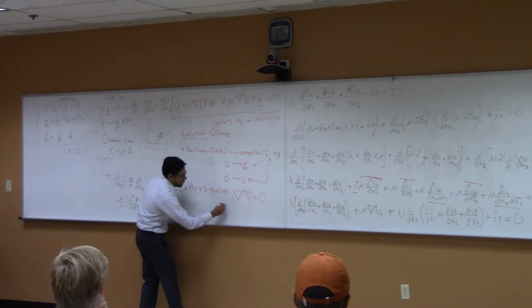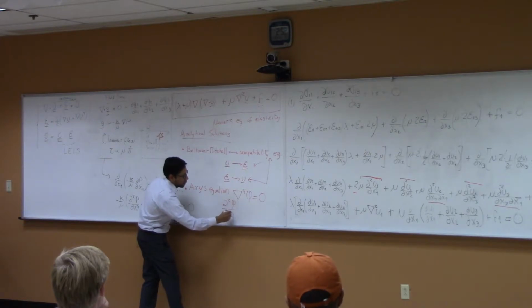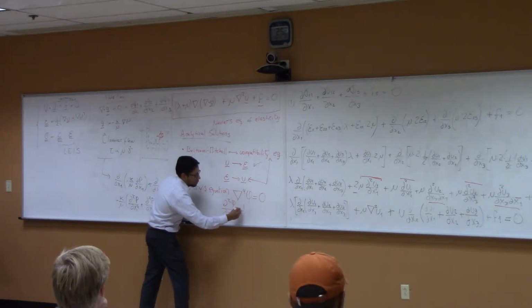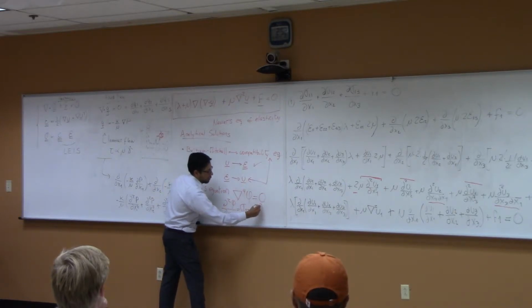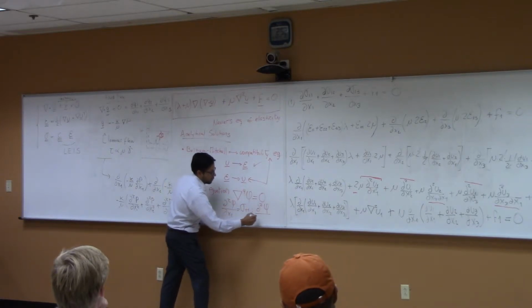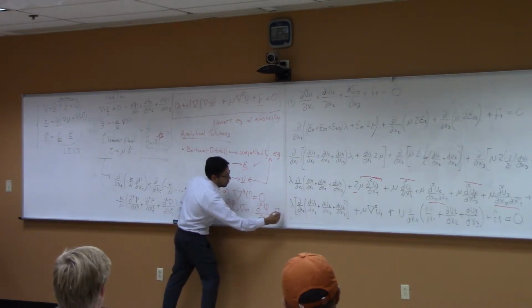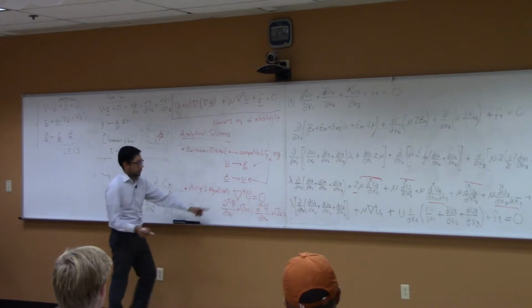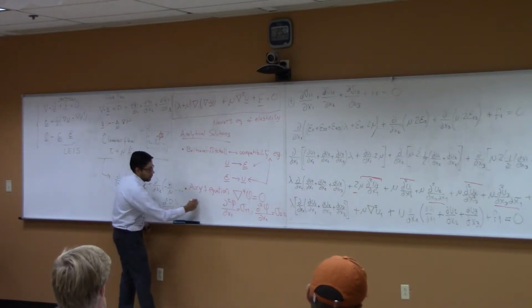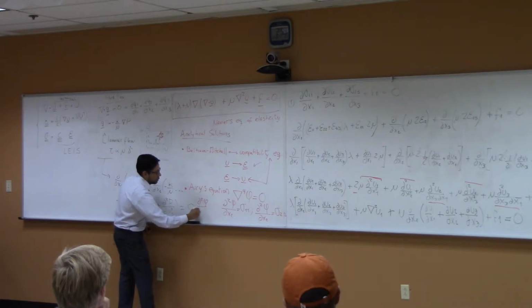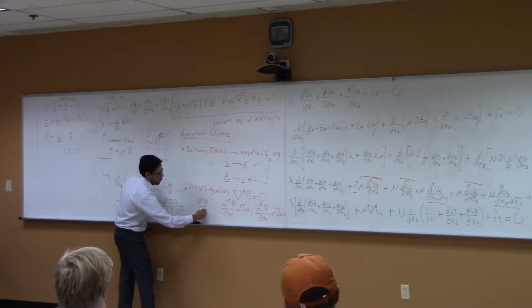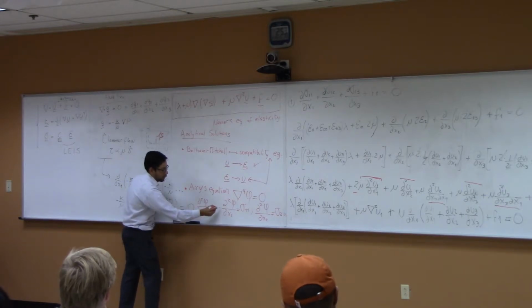the second derivative of this potential function with respect to x1 gives you sigma 1,1. The second derivative of the potential function with respect to x2 gives you sigma 2,2. And the cross derivative of this phi with respect to x1, x2, you guess what do we get?